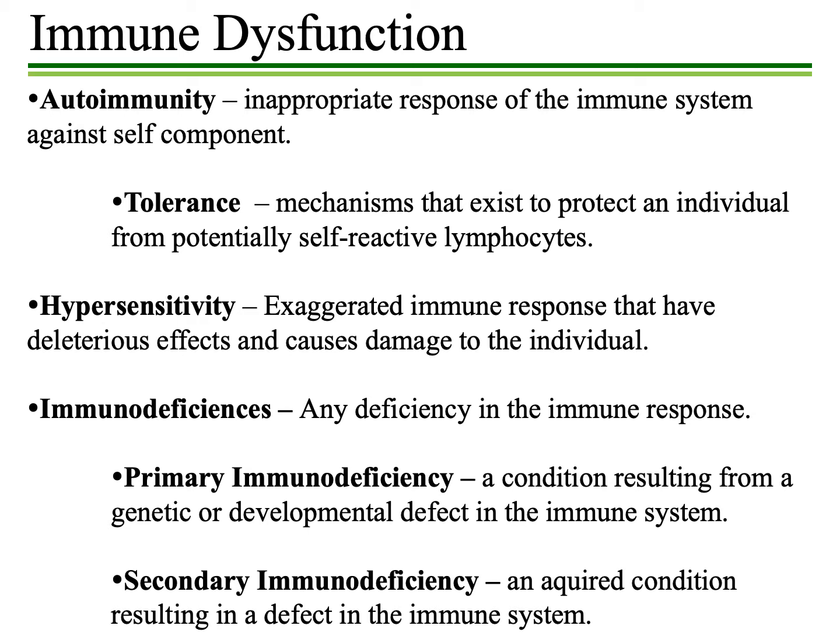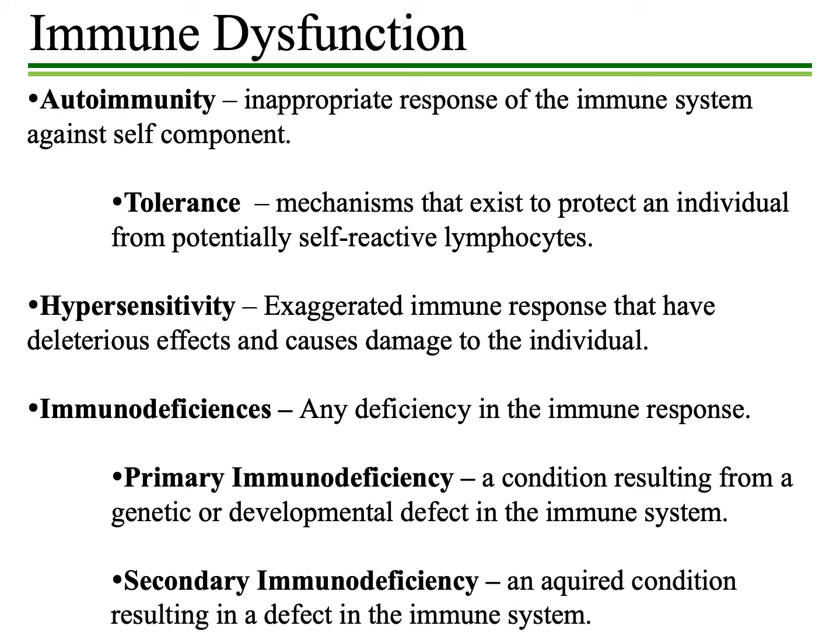Autoimmune disorders dominate when tolerance mechanisms fail. So in that lecture, we also spent time talking about tolerance and how tolerance mechanisms exist to protect an individual from potentially self-reactive lymphocytes. So again, when tolerance mechanisms fail is when we traditionally see autoimmune disorders.